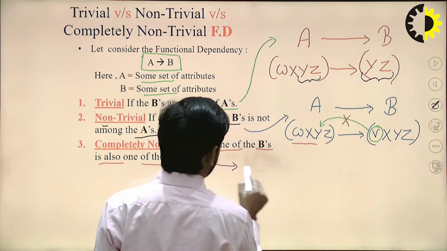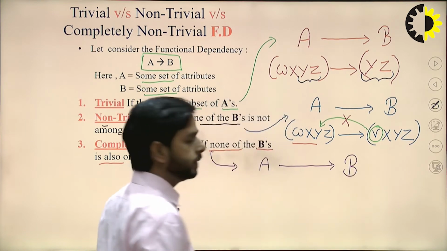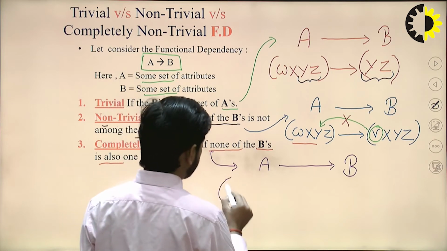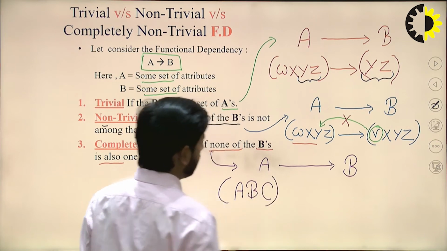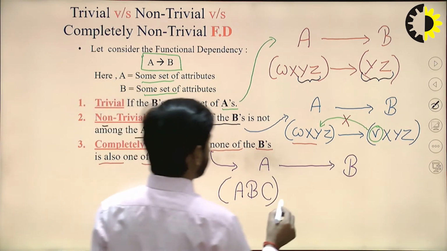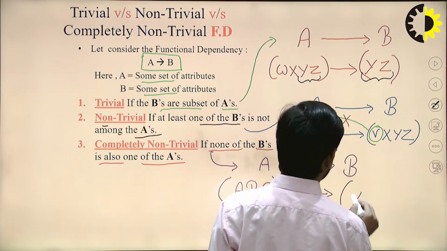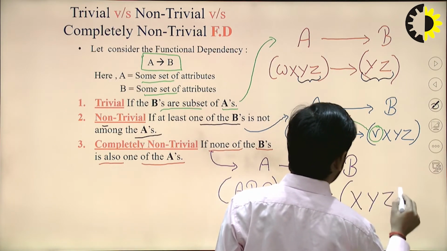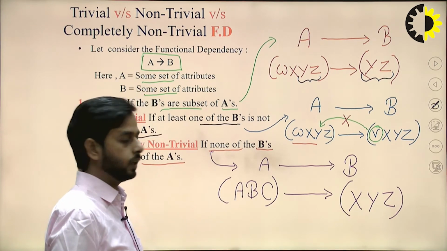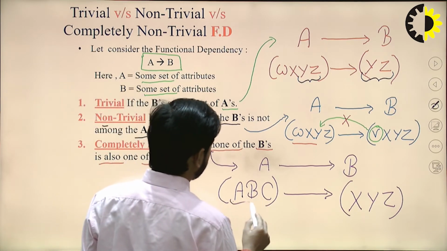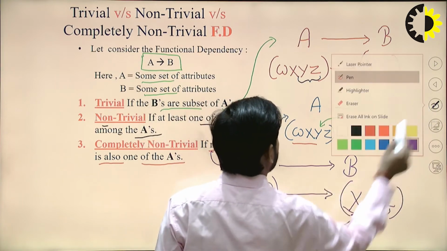Suppose A determines B, and in A there is some set of attributes, suppose A, B and C. These A, B, C functionally determine the set of attributes of B, suppose X, Y and Z. So there is nothing common between this A set of attributes and this B set of attributes.